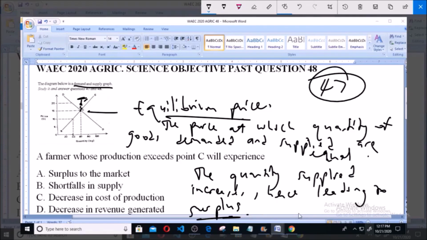So let's say, for example, 50 kg of that commodity is being demanded for, but because it has passed equilibrium price, you have, let's say, 100 kg of those goods being supplied, so it will lead to surplus in the market. So surplus is option A, surplus to the market. So that is the correct answer to this question.